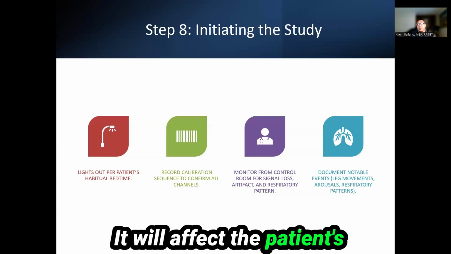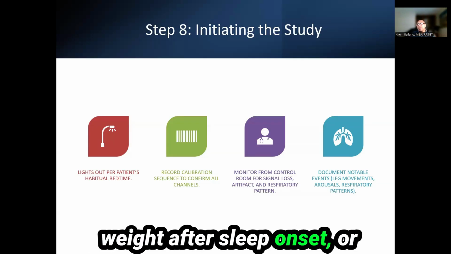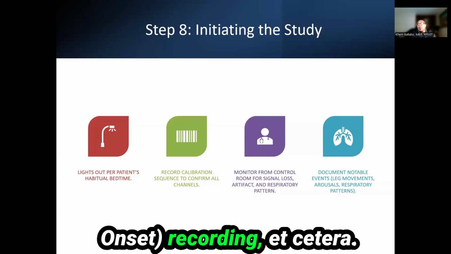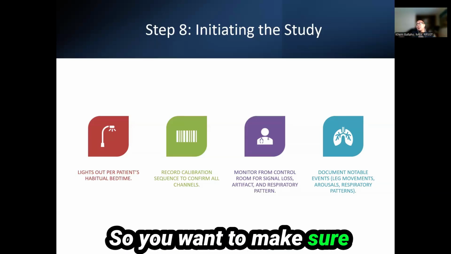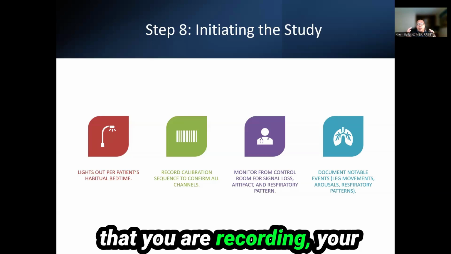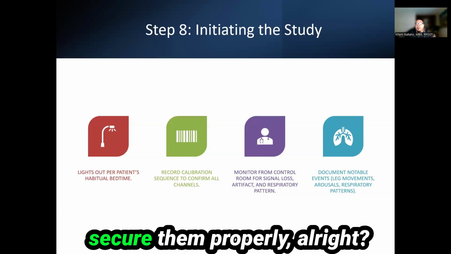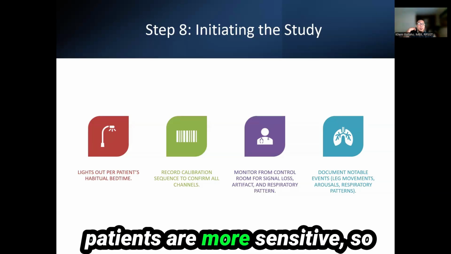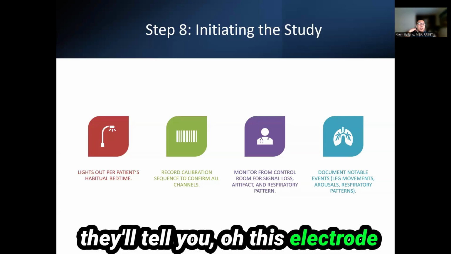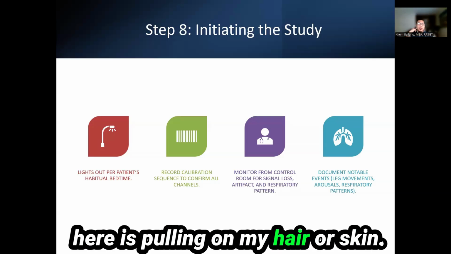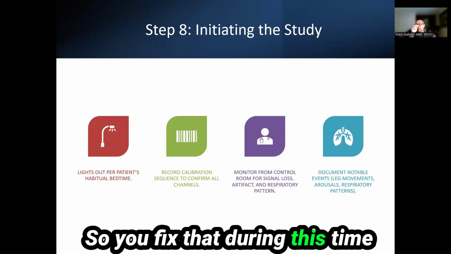It will affect the patient's wake after sleep onset, or WASO, recording, etc. So you want to make sure that your recording and your sensors are robust, solid. You secure them properly. All right. And sometimes some of the patients are more sensitive, so they'll tell you, oh, this electrode here is pulling on my hair or skin. So you fix that during this time.